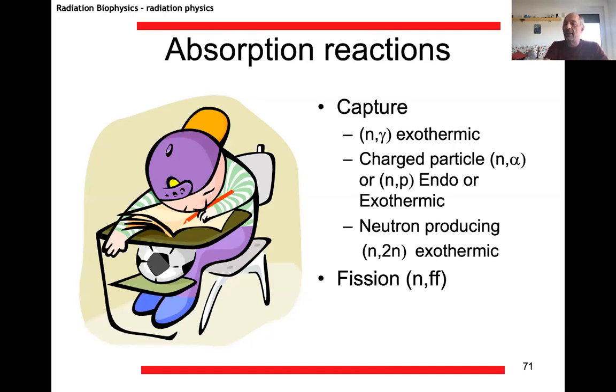These absorption reactions are divided into capture, for example gamma emission which is exothermic, charged particle reactions that can be endo- or exothermic, neutron producing reactions that are always exothermic, and fission, of course. We will see this when we talk about nuclear weapons, but you know already that very heavy elements like uranium can be broken up by neutrons in what is called fission, and a lot of energy is released.